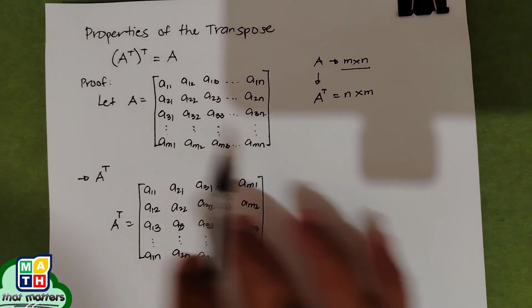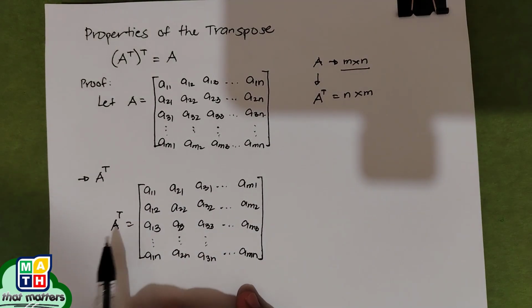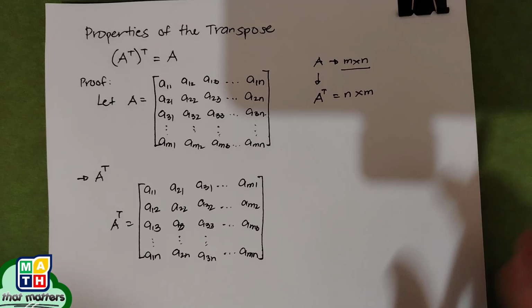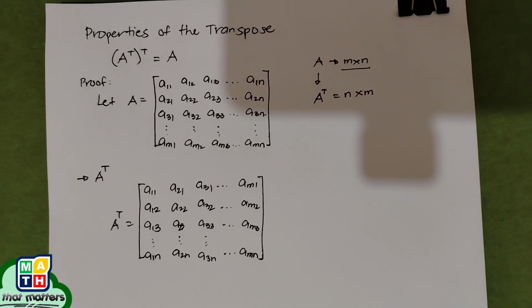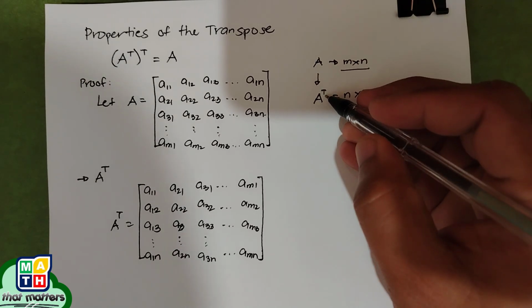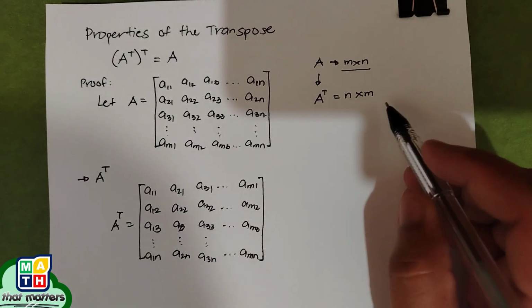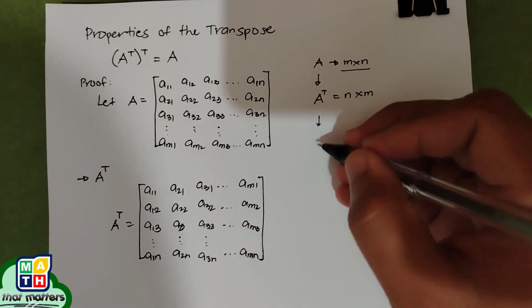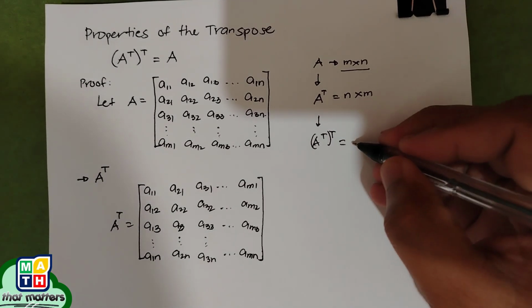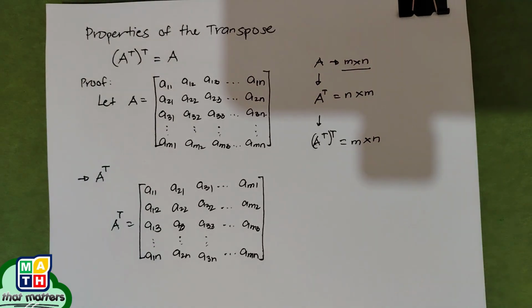Now, we are going to show that the transpose of this is A itself. Analytically, since the transpose of A is an n by m matrix, its transpose, or the transpose of the transpose, will return to an m by n matrix, of course.